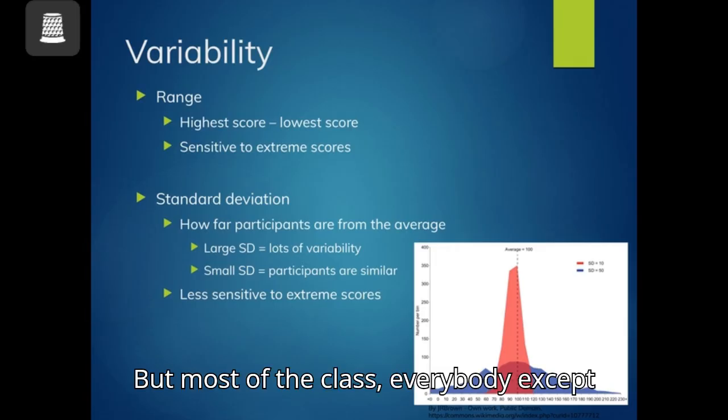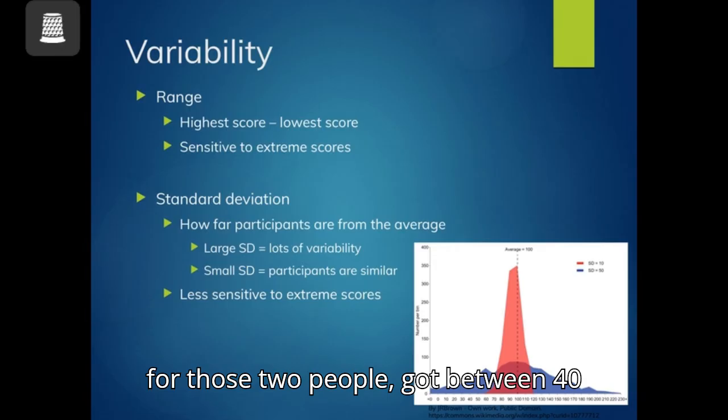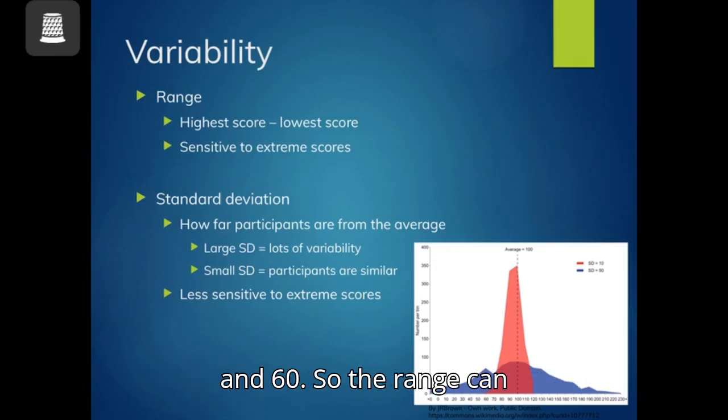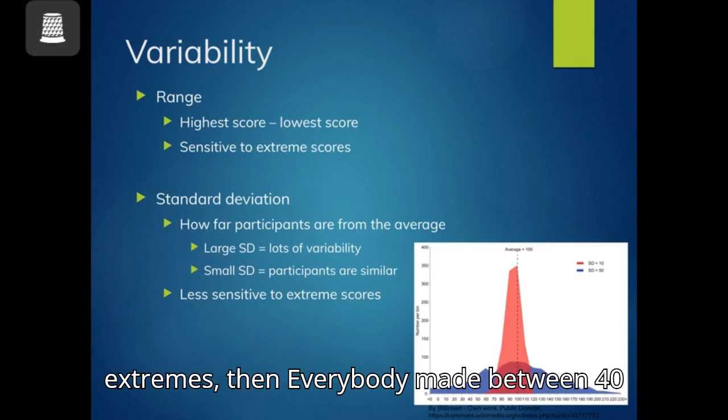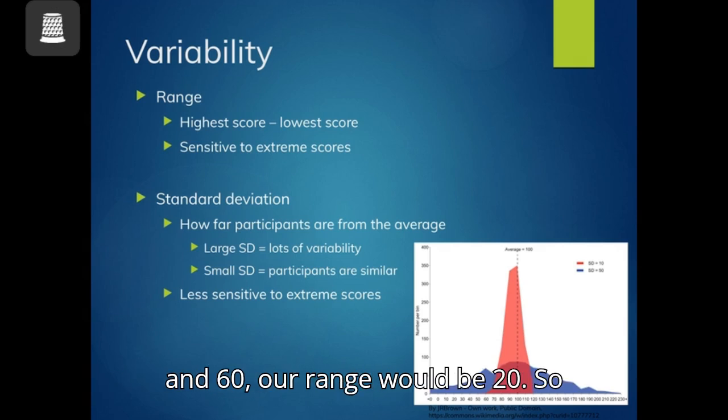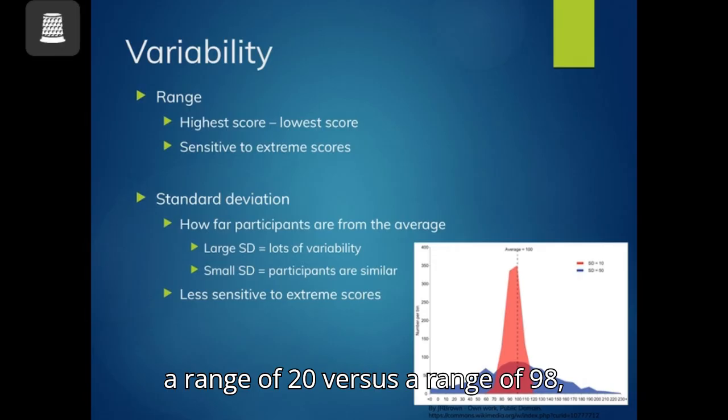But everybody except for those two people got between 40 and 60. So the range can be really sensitive to those extreme scores. If we didn't have those extremes, and everybody made between 40 and 60, our range would be 20. So a range of 20 versus a range of 98, that's a really big difference.